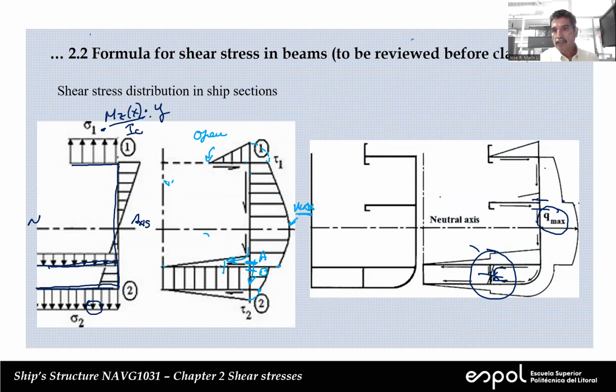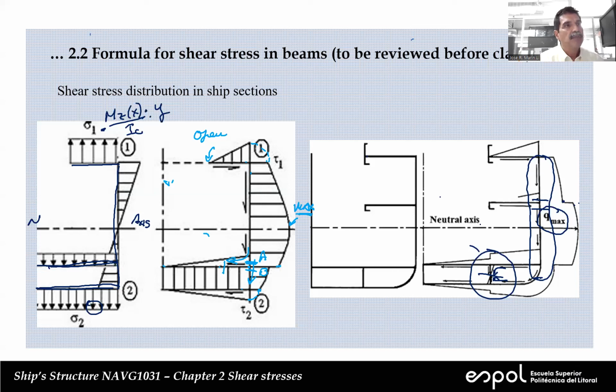So you take this shear flow, transform it into shear stress, and integrate vertically from here up to here. And the result of that should be what? If you integrate in this part, the shear stress, what are you going to obtain?